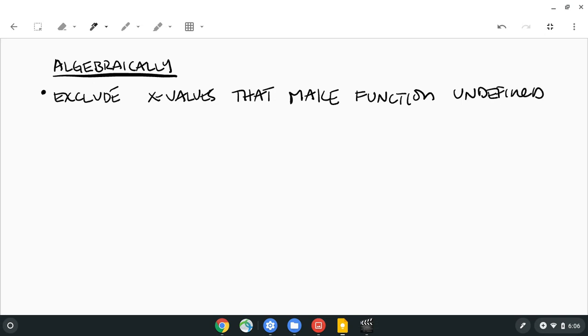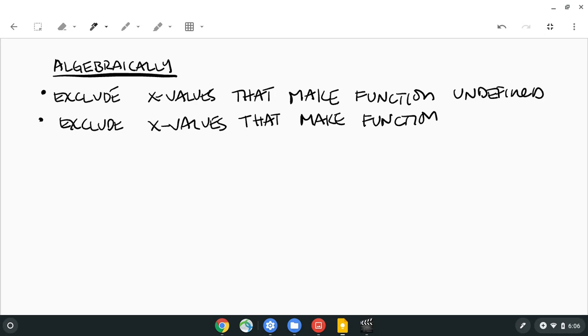And we also want to exclude x values that make the function imaginary. Okay, so this is for domain.